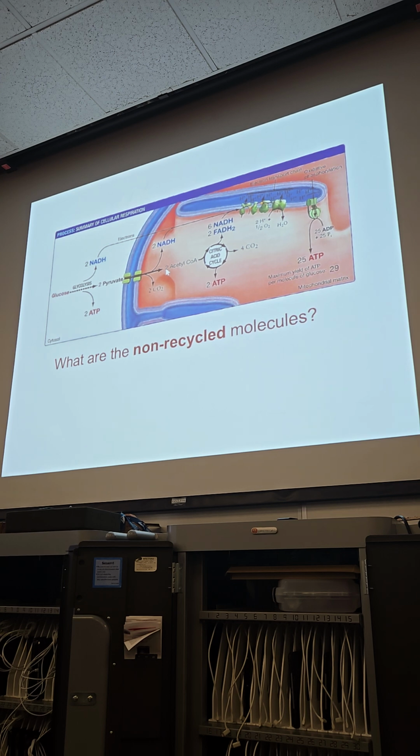I counted my carbons. And where did they come from? From acetyl CoA.